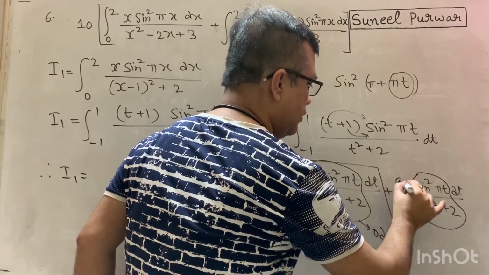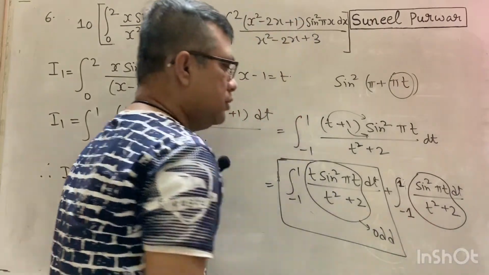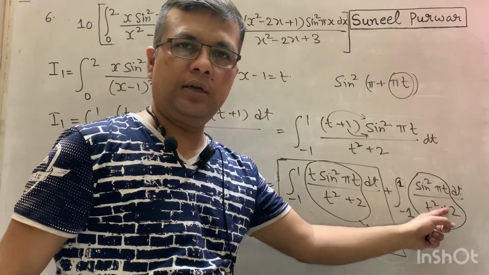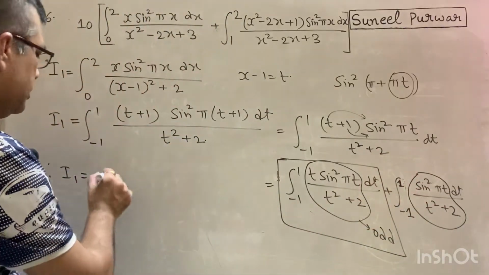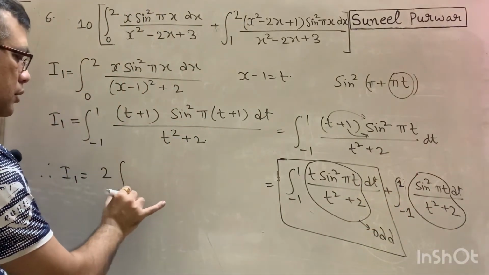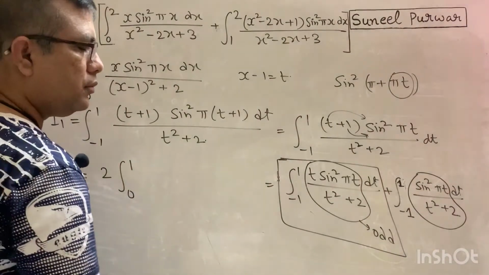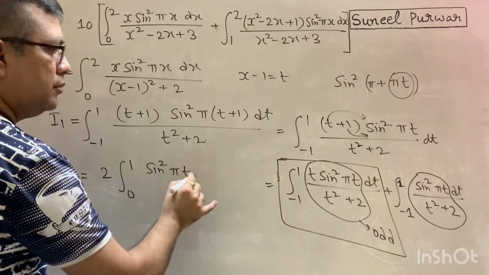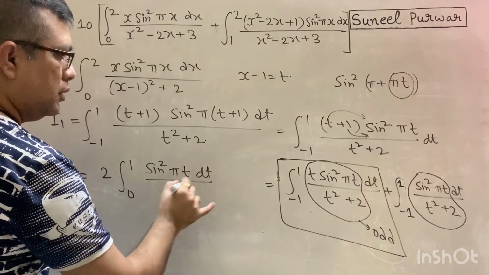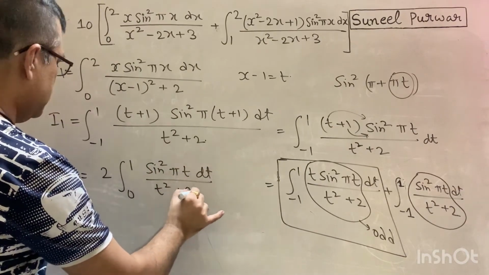Integral from minus a to a of an even function will become 2 times integral from 0 to a. So that becomes 2 times integral 0 to 1 of sine square of pi t dt upon t square plus 2. So this is your I1.